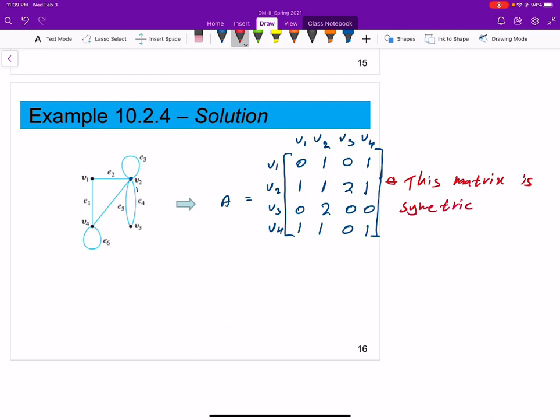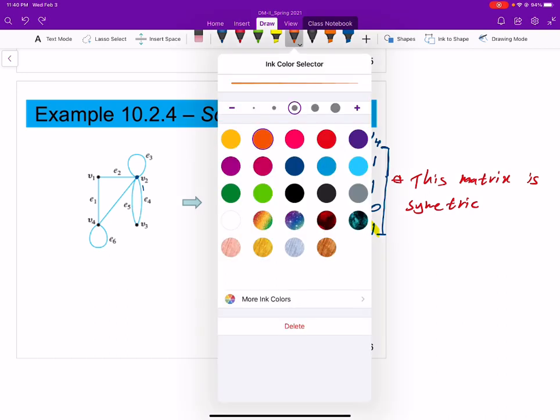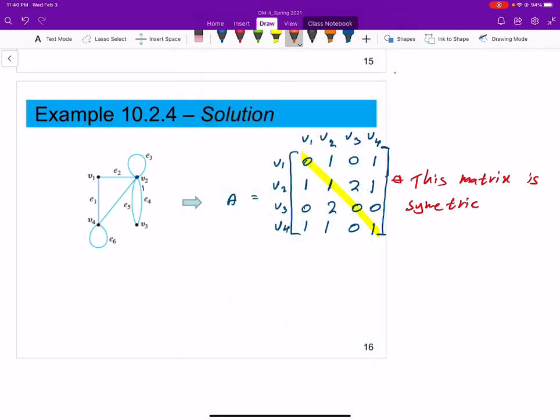Symmetric means you take the main diagonal, so the right triangle is the same as the left triangle. Let me mark this. This is the main diagonal.